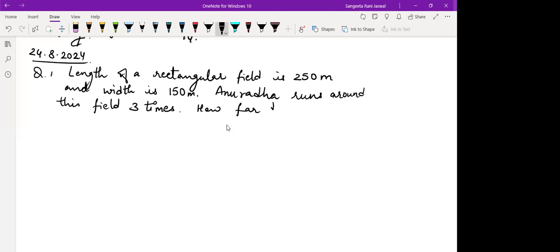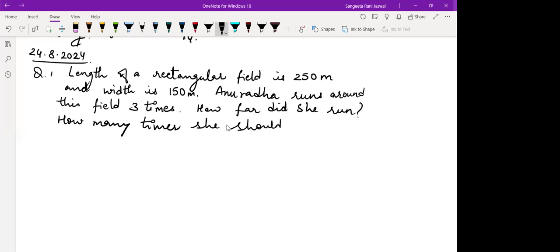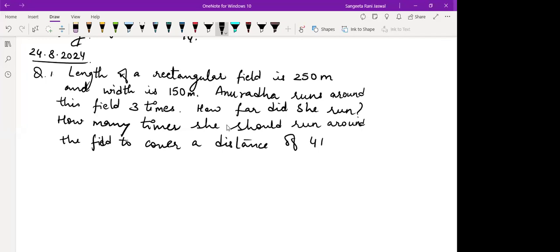And how many times should she run around the field to cover a distance of 4 kilometers? Now see, this question is not a direct one.